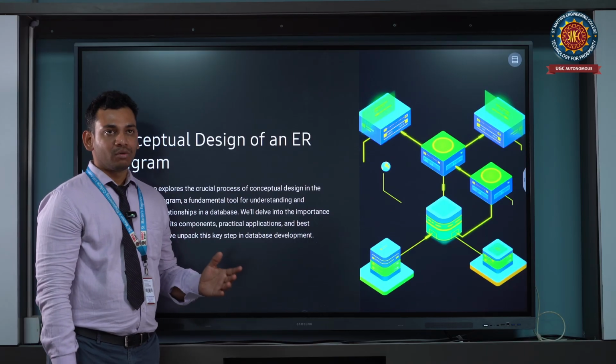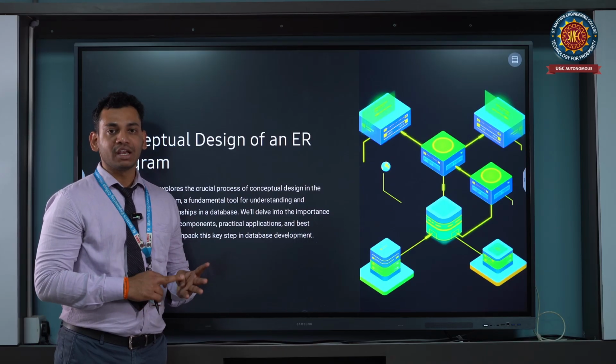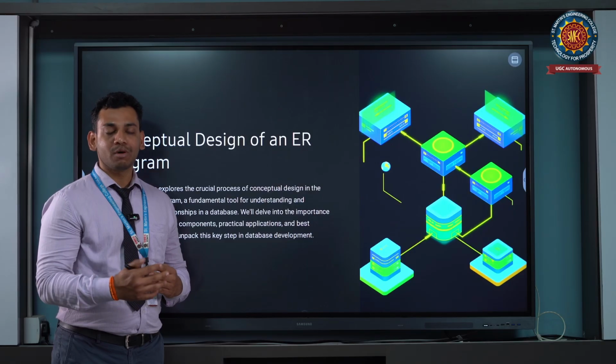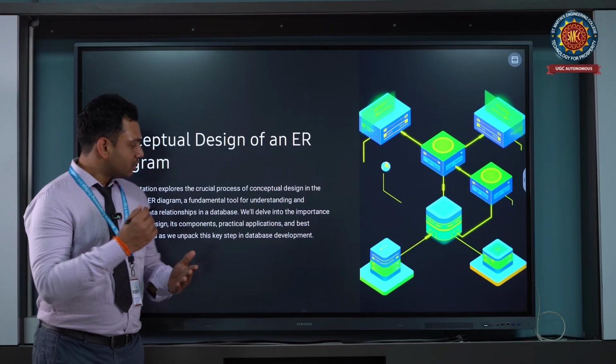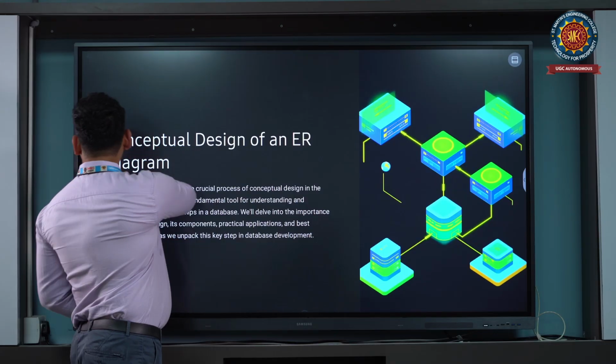In an ER diagram, we have an entity. What is an entity? Entity is an object. It provides the properties of the particular object. So let's have an example.